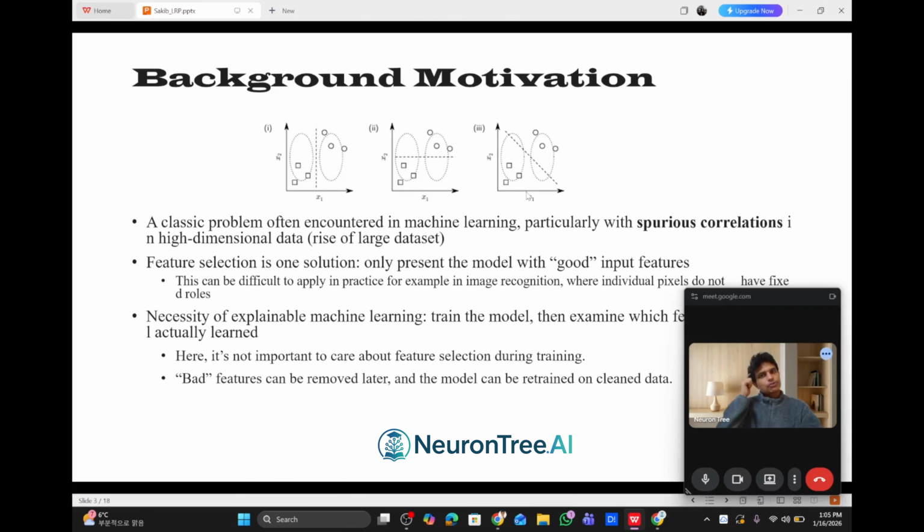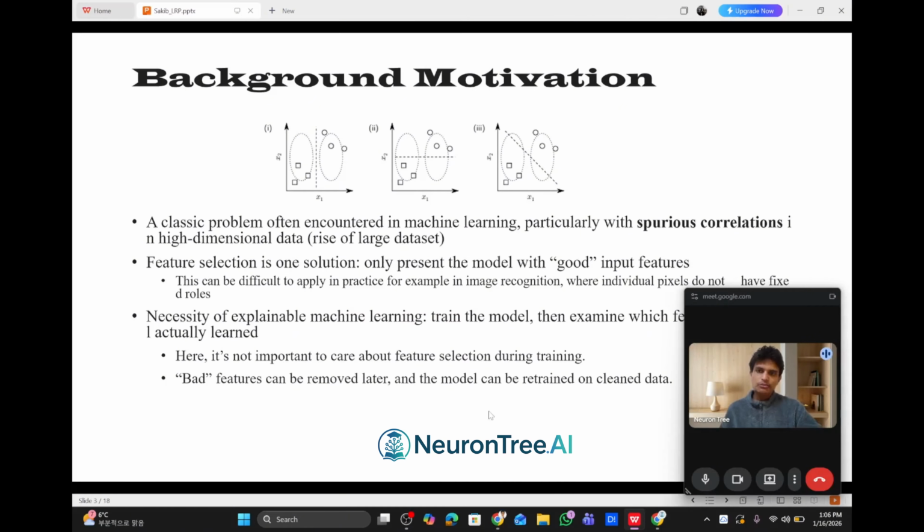Suppose we want to solve a binary classification problem, classifying whether it's a dog or a cat. In the dataset there are many thousands of cat images, and we capture these cat images from different angles. So the pixel values always change. There is no fixed value. In one image the cat's nose is in one position, but in another image the nose is in a different area. So this is the problem of feature selection.